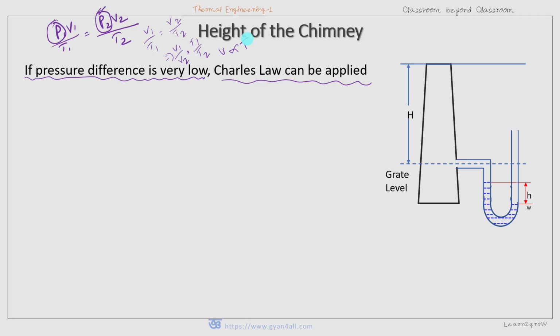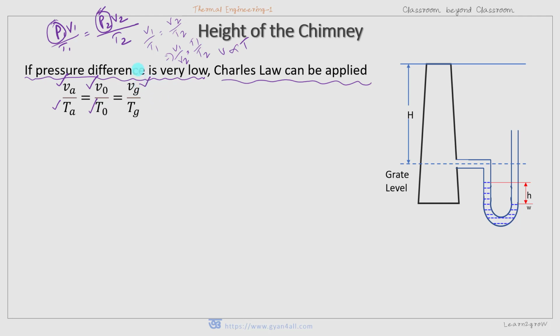That means V is directly proportional to T, the absolute temperature, and that is Charles's law. So we'll apply Charles's law in this case, and for that Va, volume of air, divided by Ta, temperature of ambient air, is equal to V0, volume of air at 0 degrees centigrade, divided by T0, the absolute temperature at 0 degrees centigrade, that means 273 Kelvin.